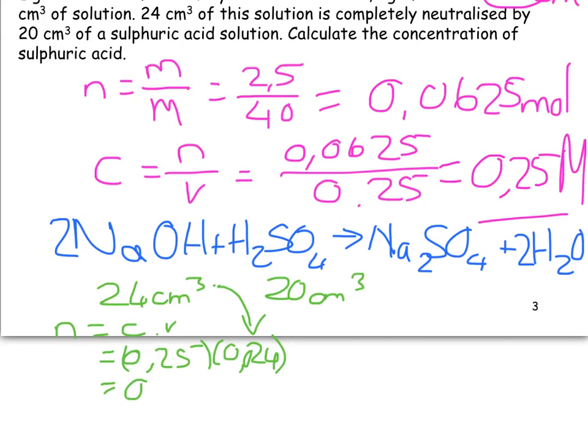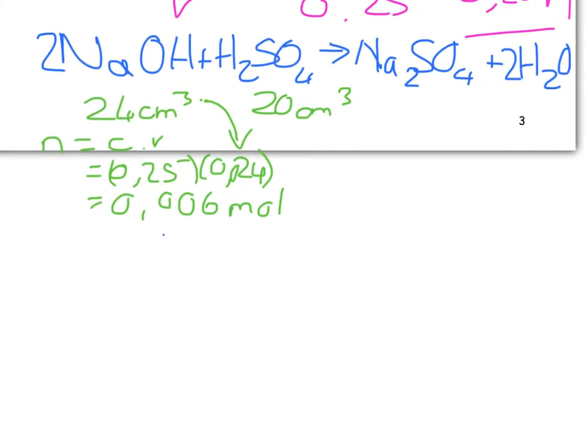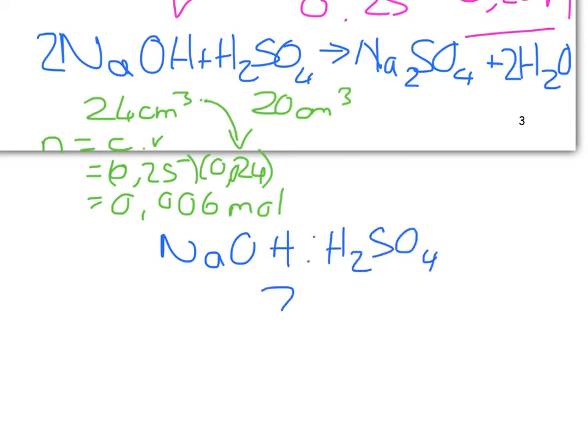And I land up with 0,006 moles. I then look at the mole ratio between sodium hydroxide and sulfuric acid, which is 2 is to 1, so 0,006 becomes 0,003.